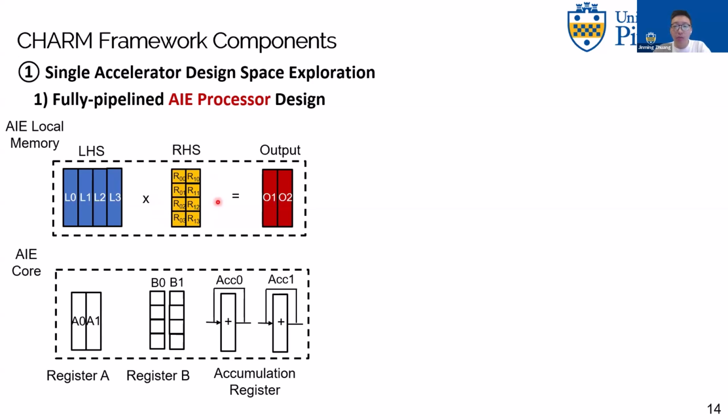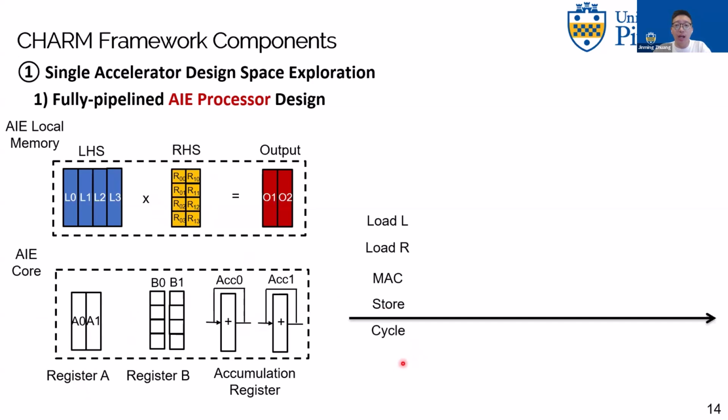So we allocate 4 vector registers in the AIE core, that is A0, A1, B0, B1, and we also allocate 2 accumulation registers to store the temporary result on the AI engine core. And we illustrate our single AIE design by showing each time step in the pipeline.